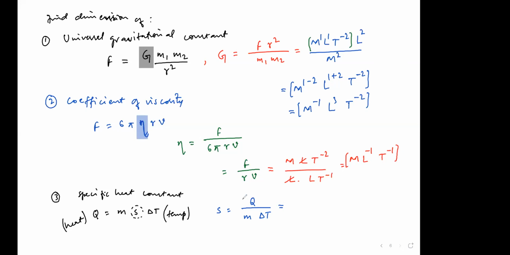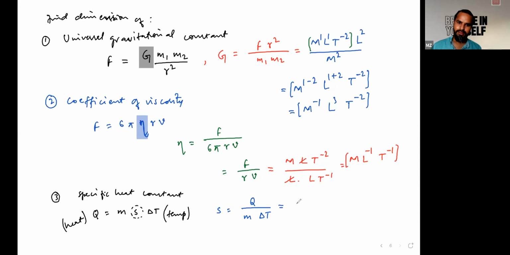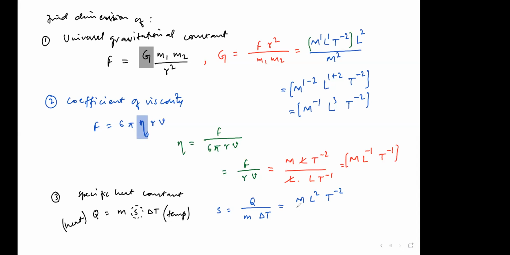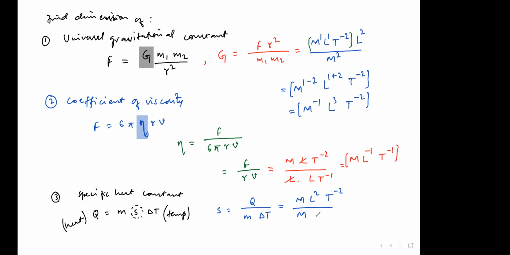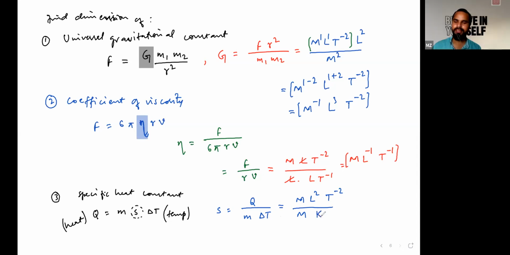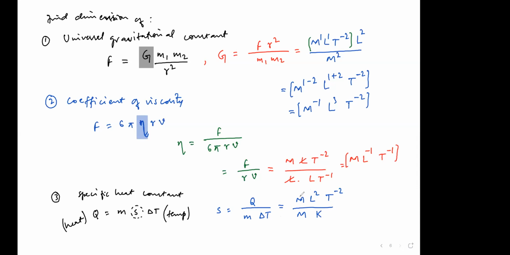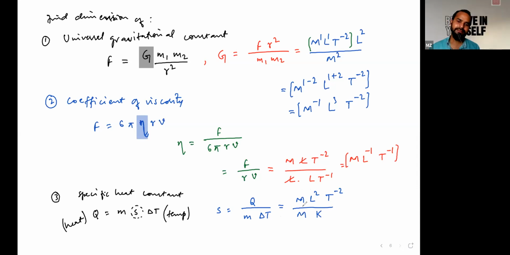Q is nothing but heat, which has dimension ML²T⁻². Is it clear? Yes, sir. In the denominator we have mass, so we can write dimension as capital M, and delta T, which is temperature, so we write it as capital T. Now this M and this M cancel out.